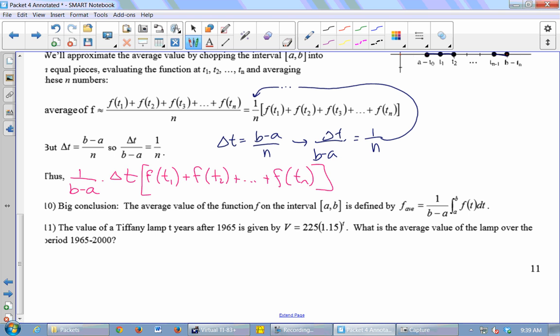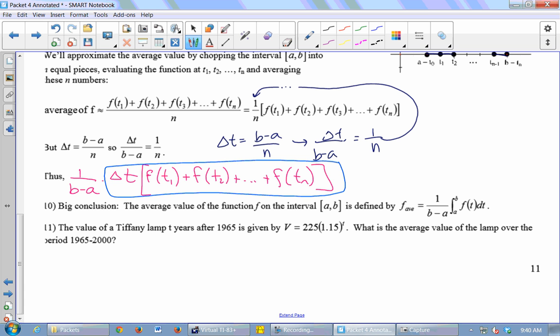Now this is a formula that should look familiar. What is that? If you distribute the delta t, those are the areas of rectangles. Yes, this is the right-hand Riemann sum.